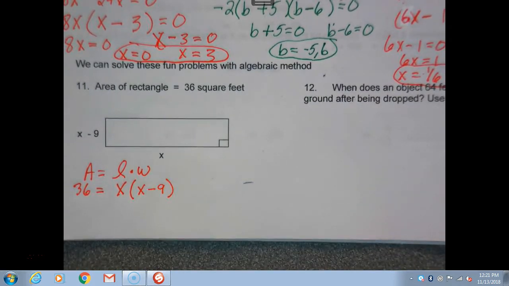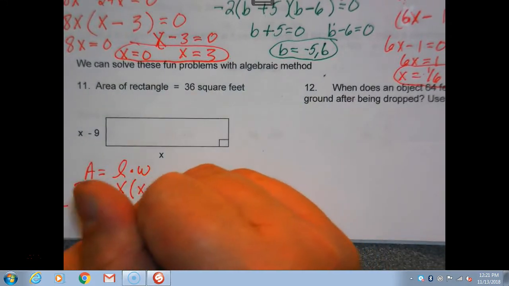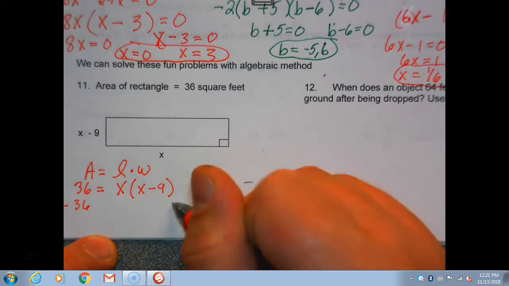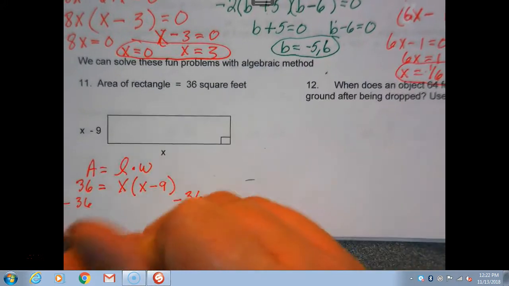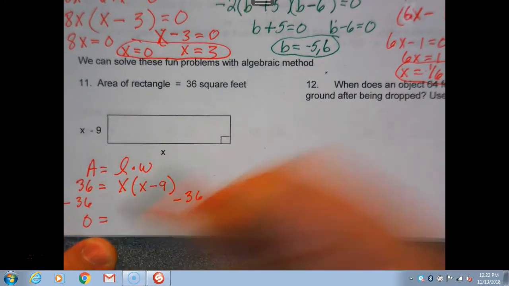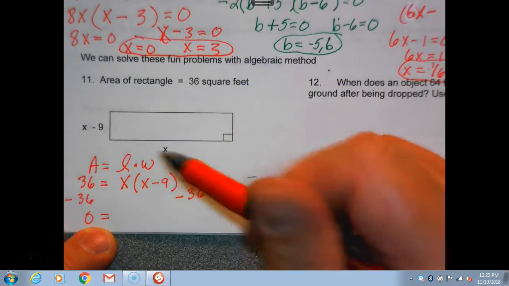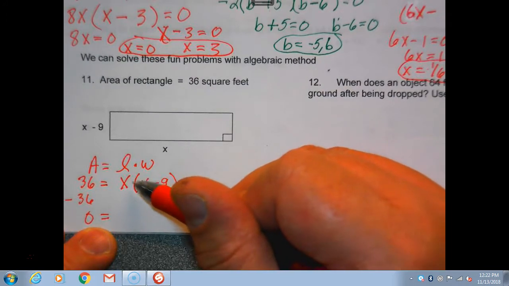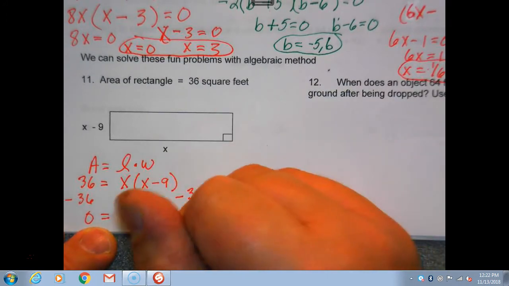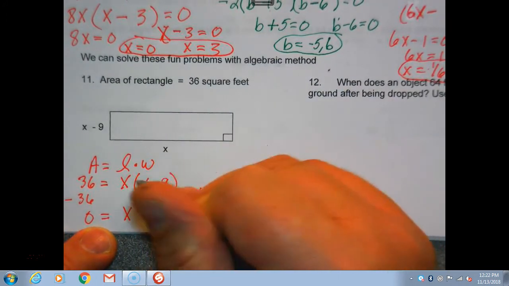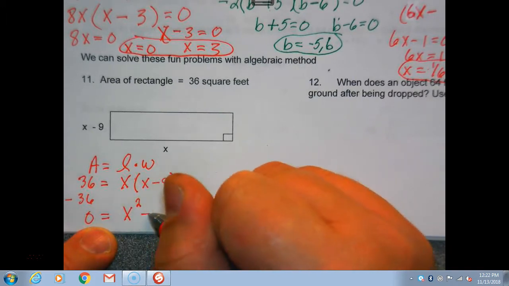Okay, we have to get 0 on one side, right? Subtract 36. Subtract 36. So I get 0 equals, I'm going to distribute the x. I'm going to do two things at once because I can. X times x, x squared. X times minus 9.